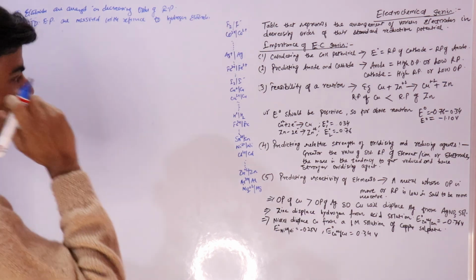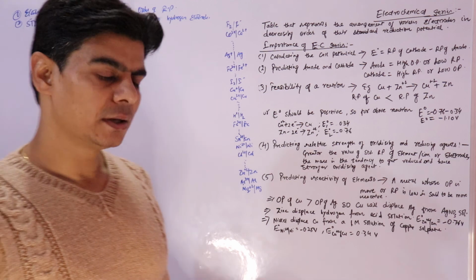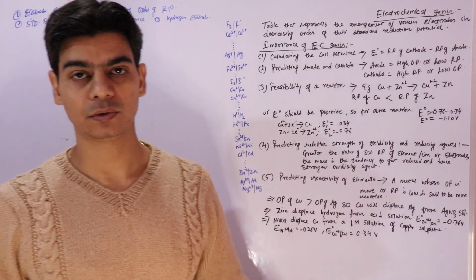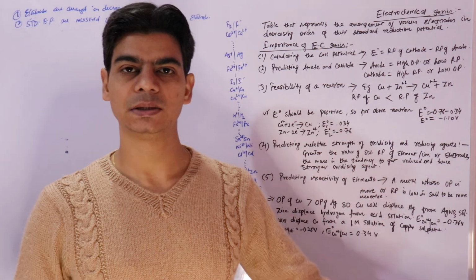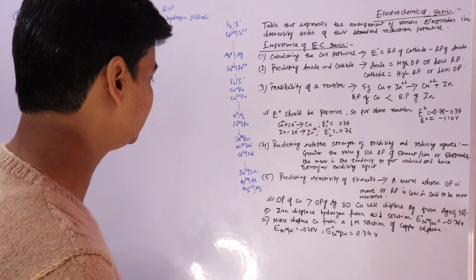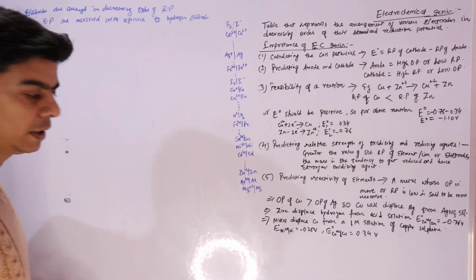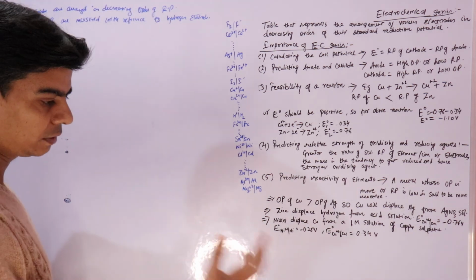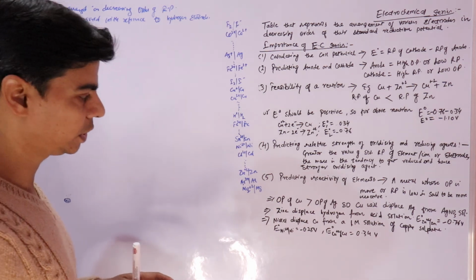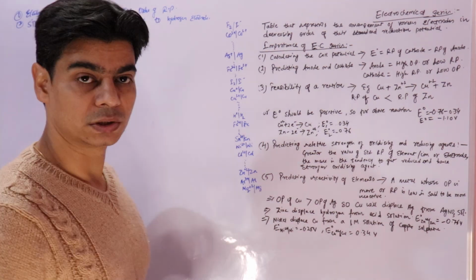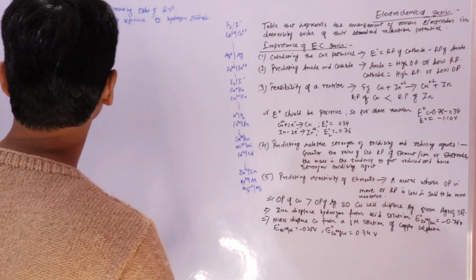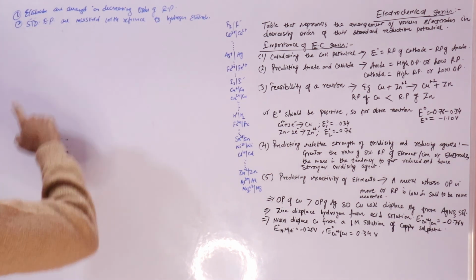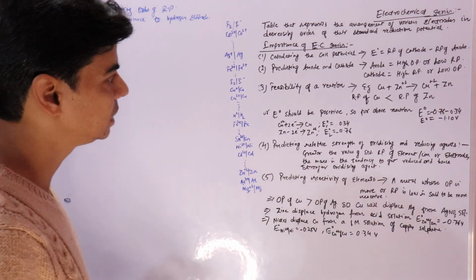And we know when we say with reference to the hydrogen electrode, these single electrodes are coupled with the hydrogen electrode to create a chemical cell, and then their EMF is calculated, which is the electrode potential of this single electrode, because we know that the electrode potential of hydrogen is 0. So these two are important things for this electrochemical series.